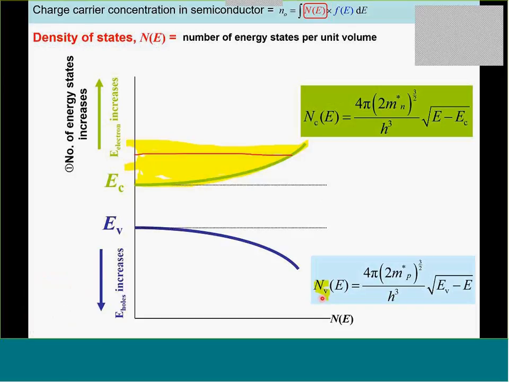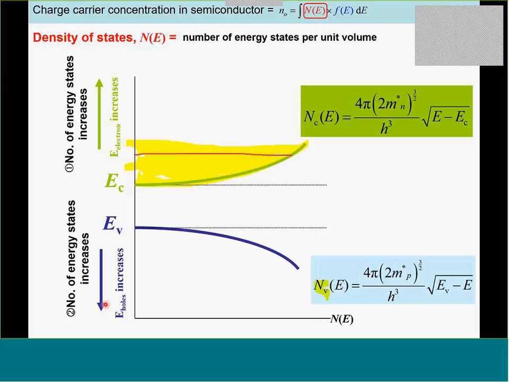Similar to that, as it curves downwards, the number of energy states increases as we go towards negative y.